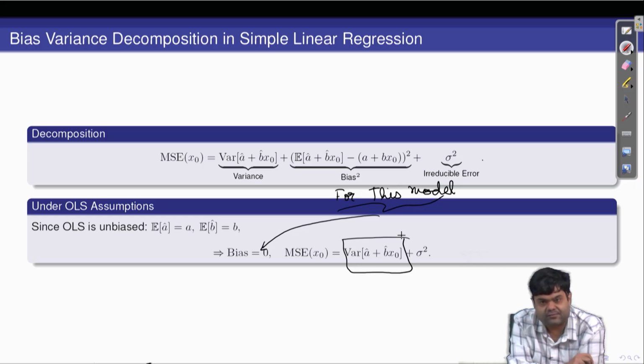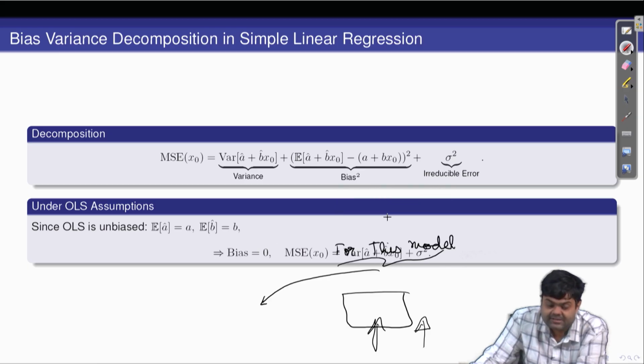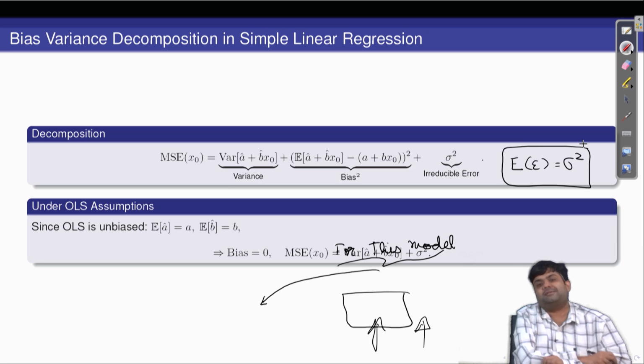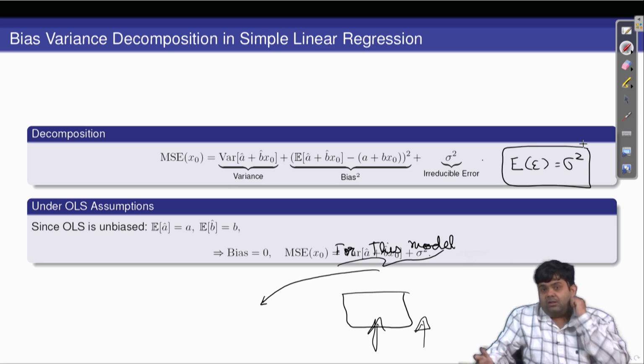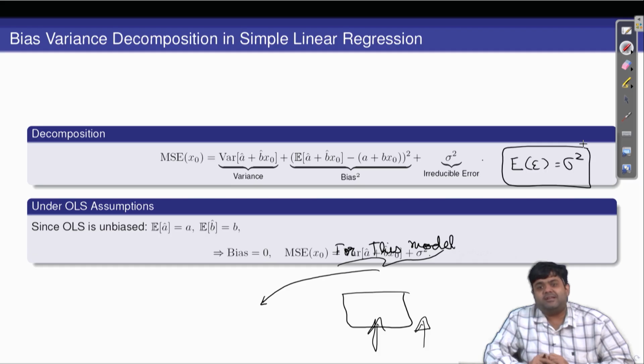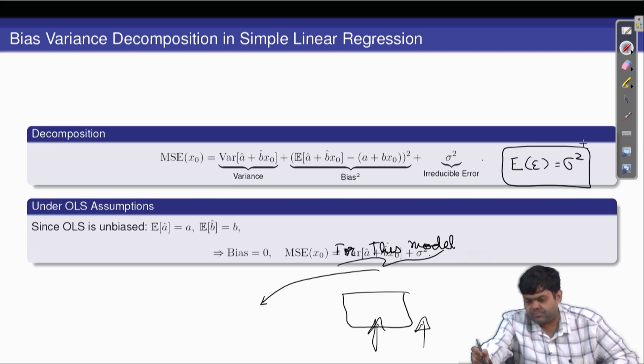So, basically the error in the least square modeling only came from this variance and this irreducible error, sigma square, and in this case sigma square is actually the variance of epsilon. This is the pure sigma square. So, this is how the bias variance decomposition, or the decomposition of error into bias, variance and noise happens in the case of the linear model.